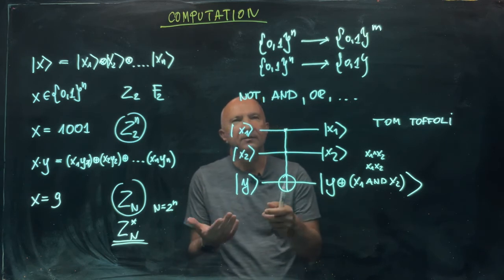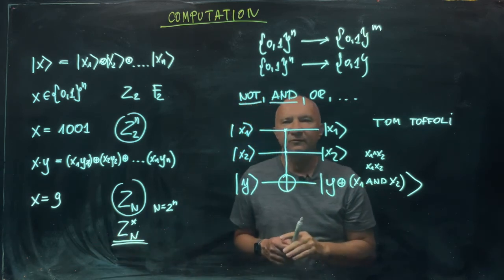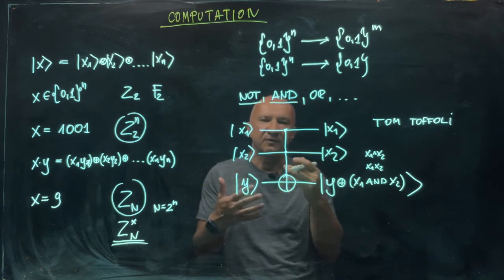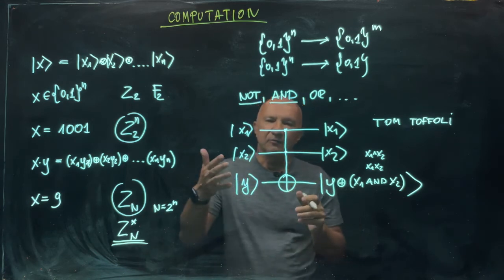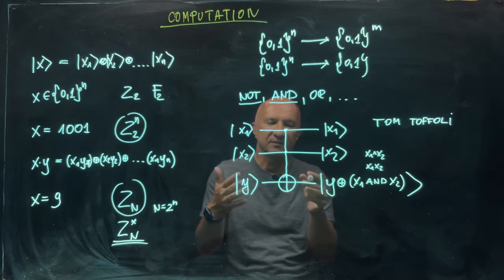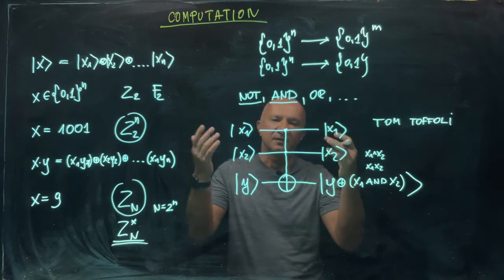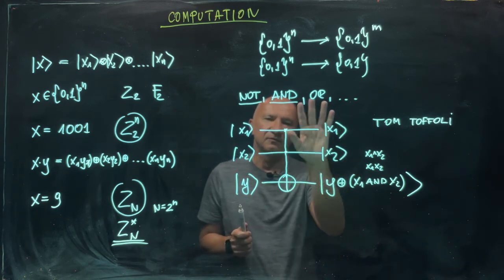So you can do NOT, and you can do AND, and that's good enough to construct any Boolean function if you allow some fixed inputs to your Toffoli gates and combine them into a circuit. So you can evaluate essentially any Boolean function using this gate.